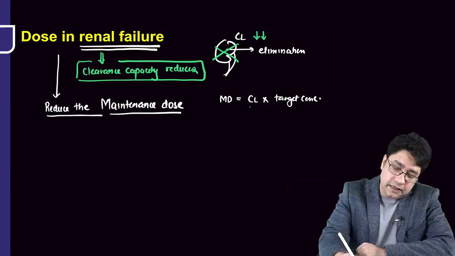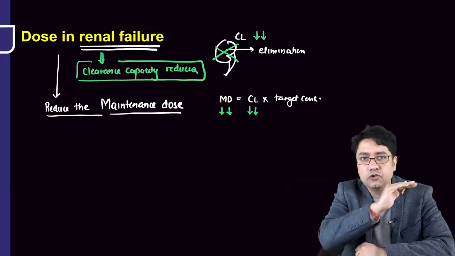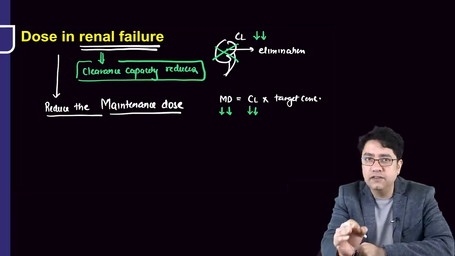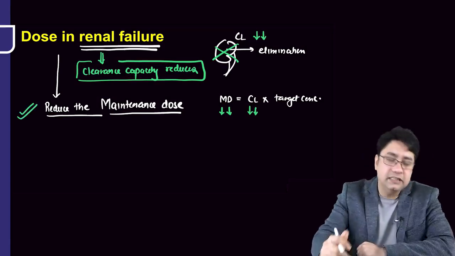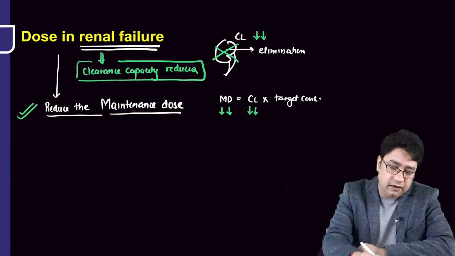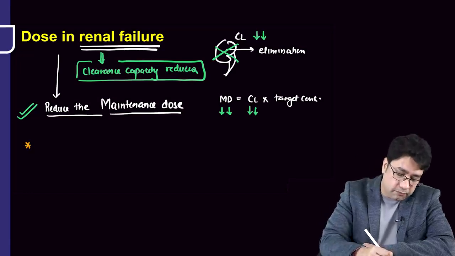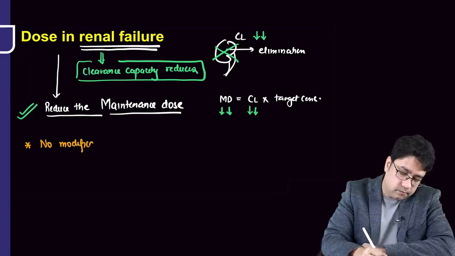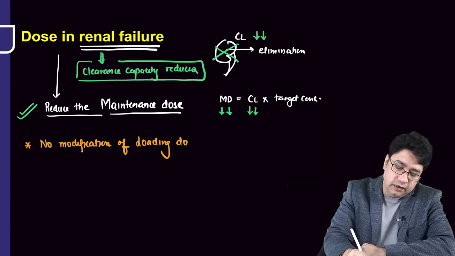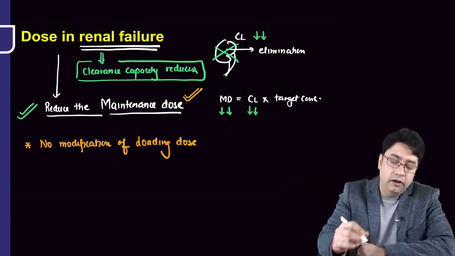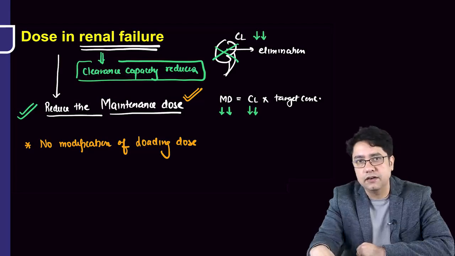So if clearance capacity gets reduced, you have to give a lesser dose to achieve that target concentration. So we reduce maintenance dose of a drug in renal failure. There is no need of modification of loading dose. No modification of loading dose is required. So in renal failure, we reduce maintenance dose of a drug.